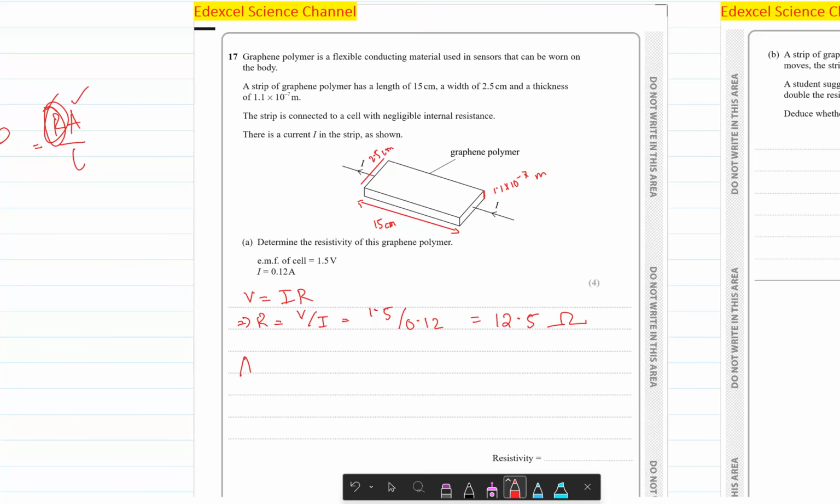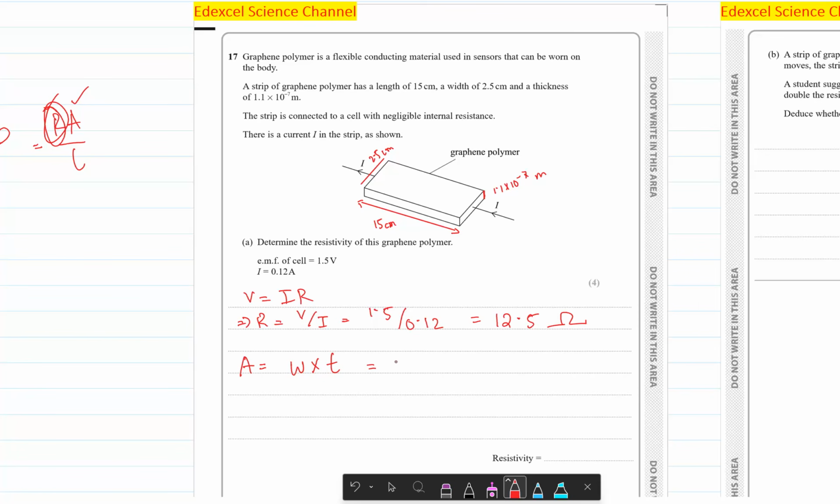What about the cross-sectional area? Cross-sectional area is just a product of the width and the thickness. Do not take the length, guys. That will give you a wrong value. So width times thickness.